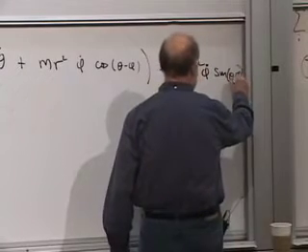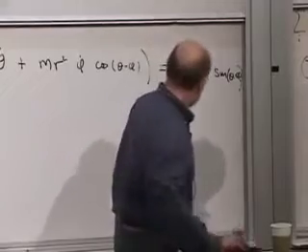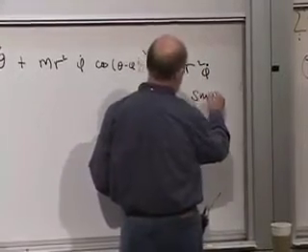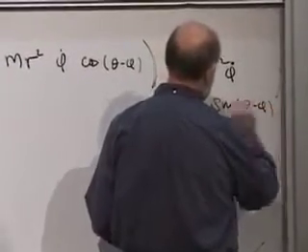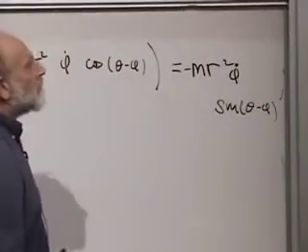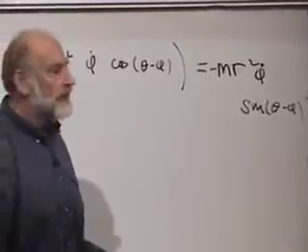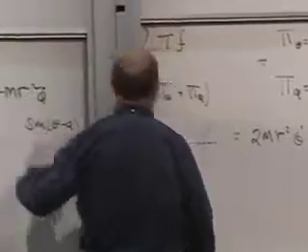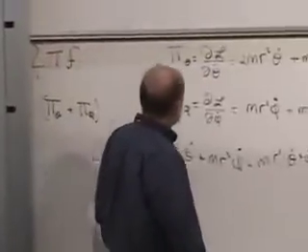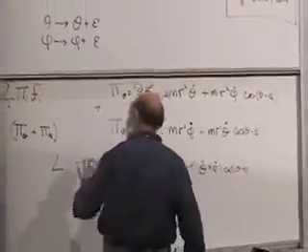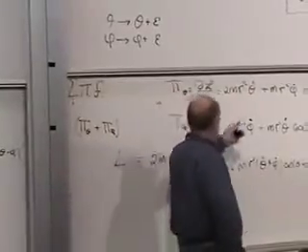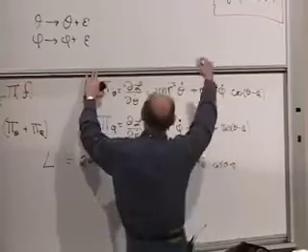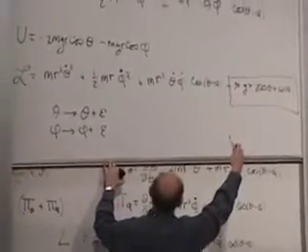Can everybody read this? I can't. You're taking the partial with respect to phi, theta. I think you want to take the partial with respect to the Lagrangian. Lagrangian, yes. So you get a theta dot upstairs. mr squared phi dot times the derivative.